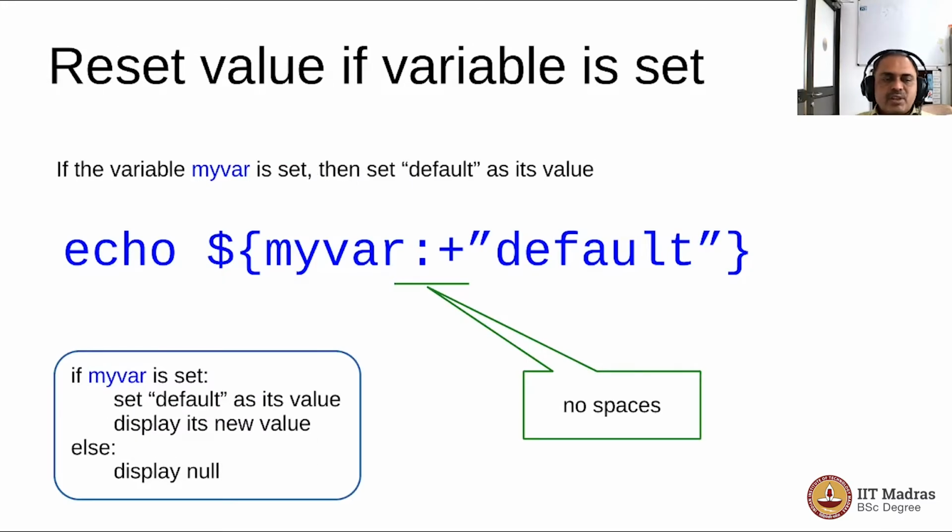You could use the reverse logic, where if the variable is set, then you should display a particular value. Here in this case we are saying default, and if the variable is not set, then nothing will be done. The two logics that are there with the plus and minus signs, when combined, can be used to have whichever logical loop that you would like to have in a shell script, as you will learn later.